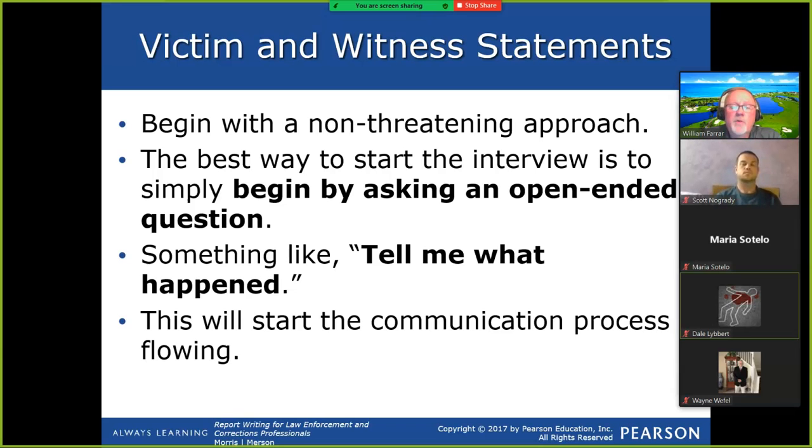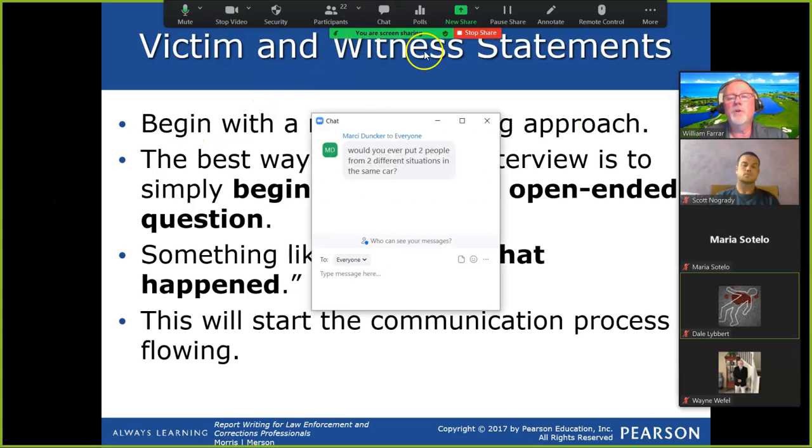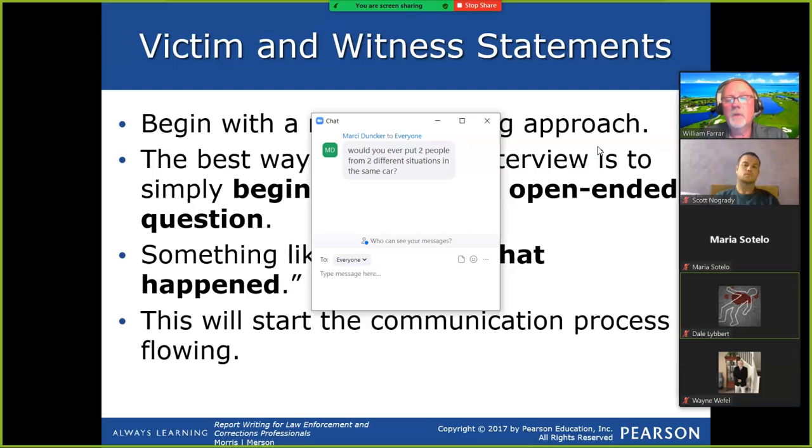You don't even have to start writing anything down yet. You can make some eye contact. You can make sure that they know that you're paying attention to them and that you care. And then you can wrap back around and go from there. So I would take that approach.